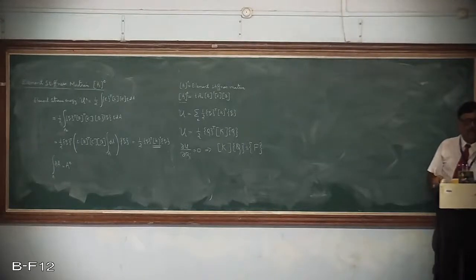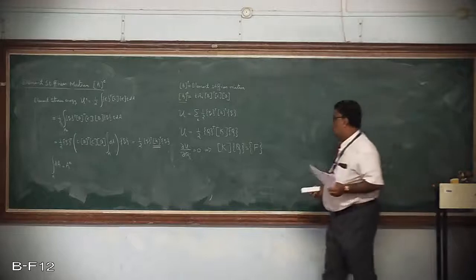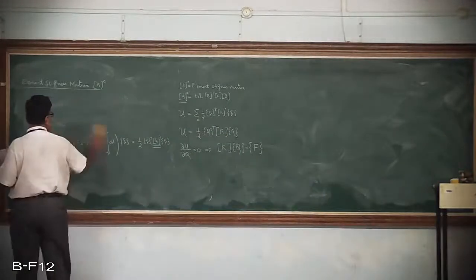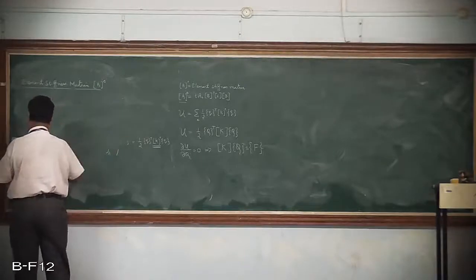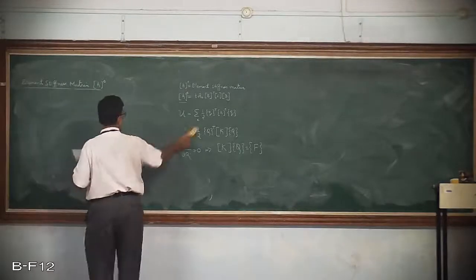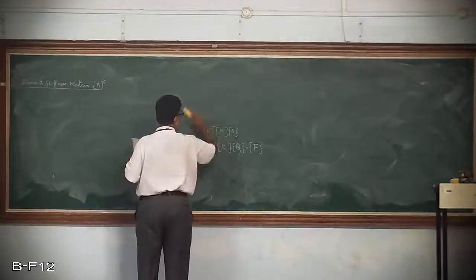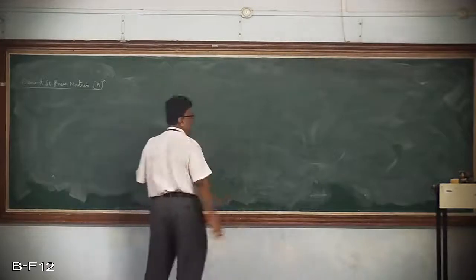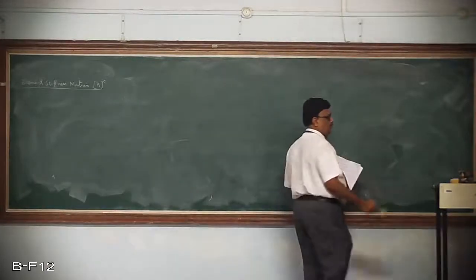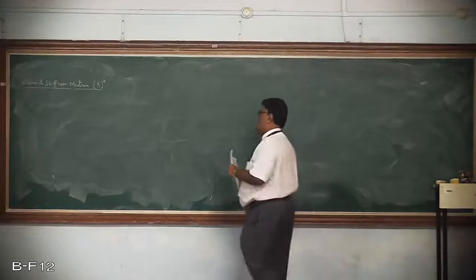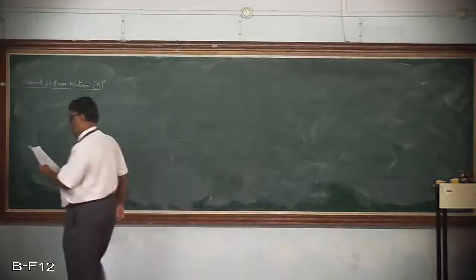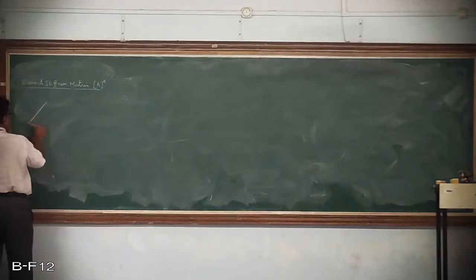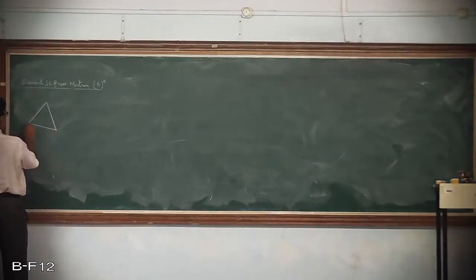Let us see what is the formula used for finding the bandwidth. That is the number of slots available to store the system matrix. Now, let us say this is I1.